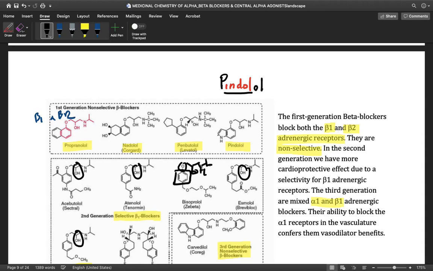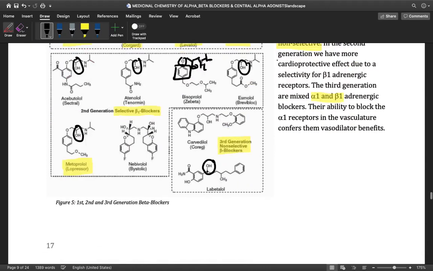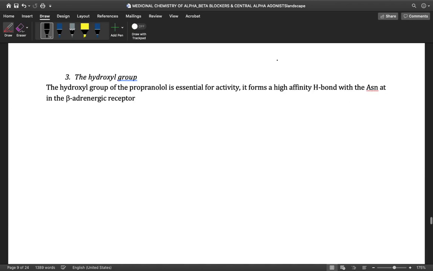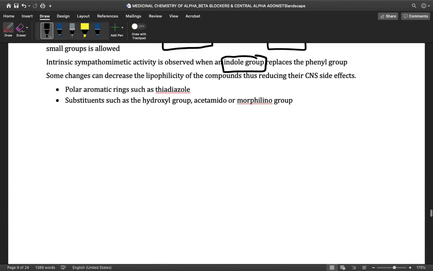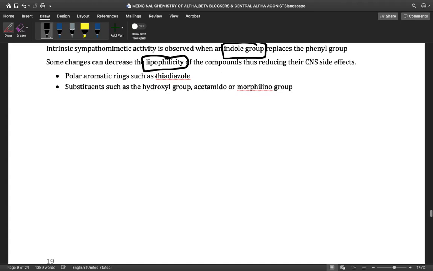Okay, so when you have an indole ring that replaces the phenyl ring, then you have intrinsic sympathomimetic activity. Obviously, when you start adding more lipophilic substituents, you increase the lipophilicity of the drug.